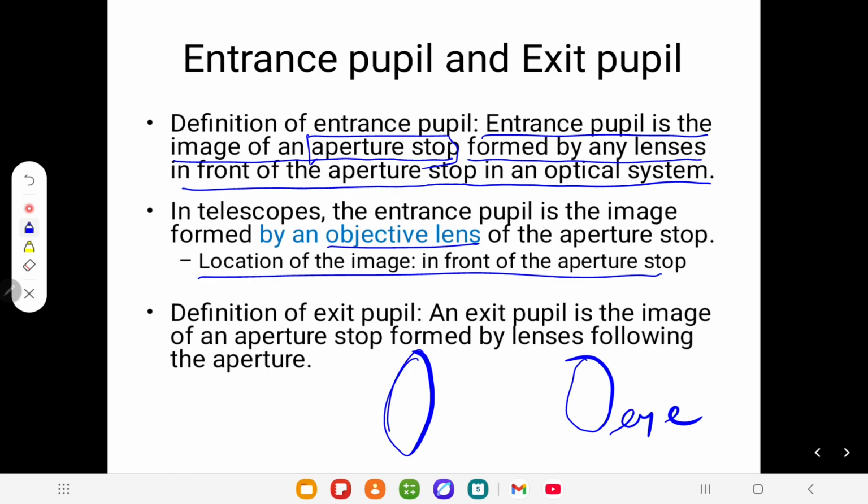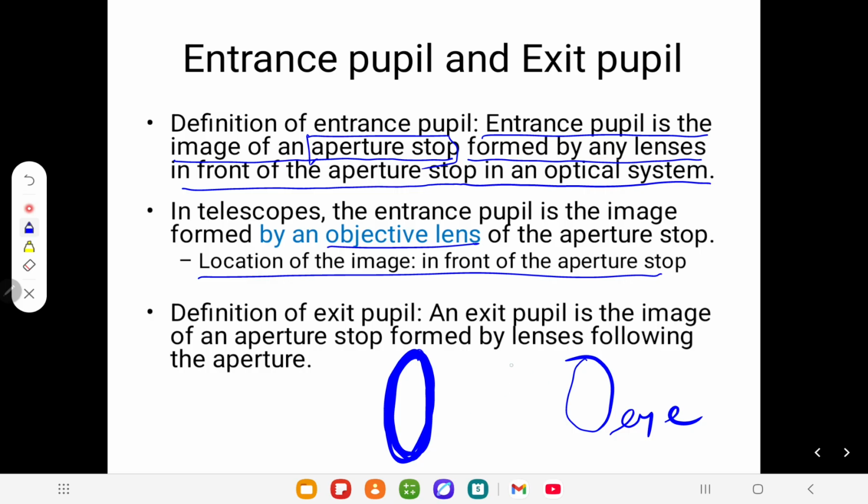In the case of a telescope, there is no aperture stop. That's why there is no separate entrance pupil. The only entrance pupil is the objective lens itself.